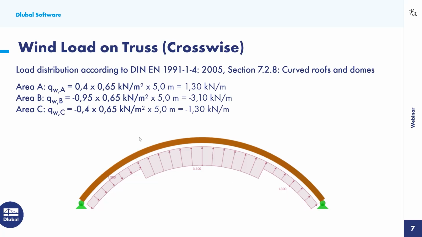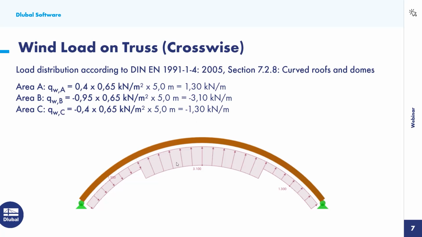Therefore, we will look at our results that we have here as 1.3 kilonewtons per meter, 3.10 kilonewtons per meter as a wind draft, and also 1.3 kilonewtons per meter as a wind draft for the last part.